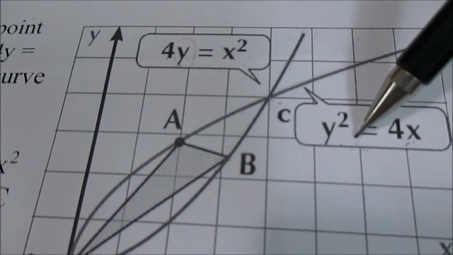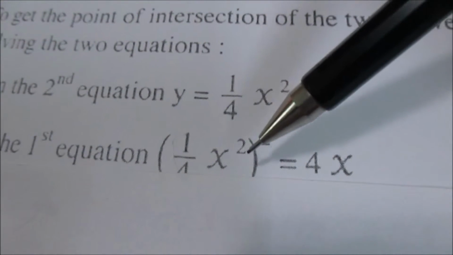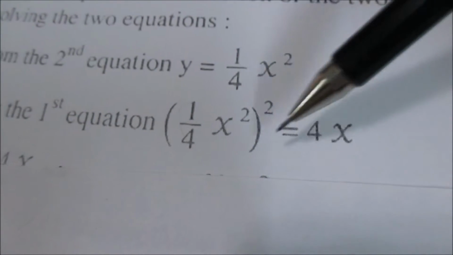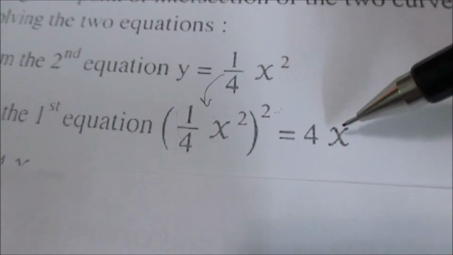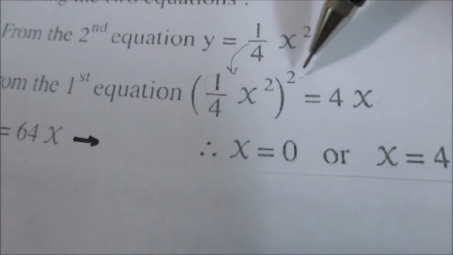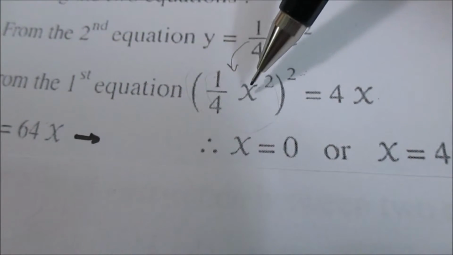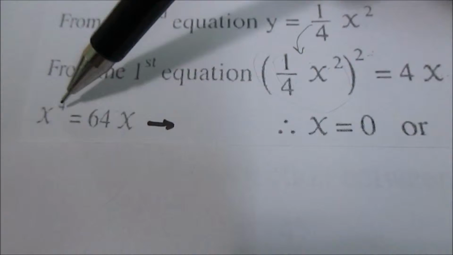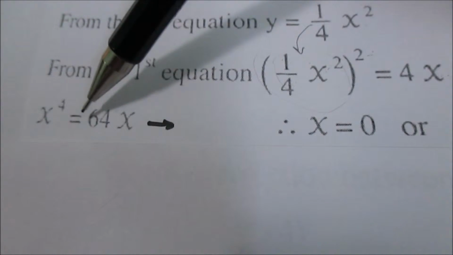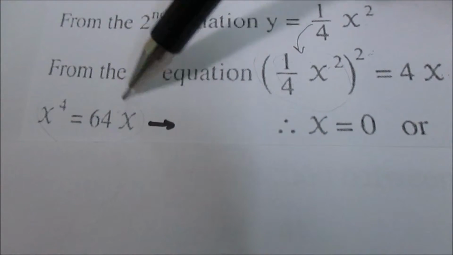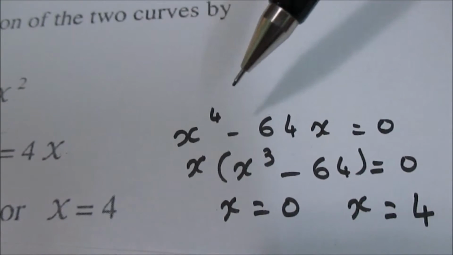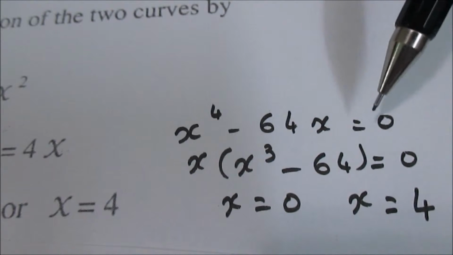in the second equation, y squared equal 4x. So, 1 over 4 x squared, all squared, equals 4x, and 1 over 4 squared is 1 over 16, so 1 over 16 x power 4 equal 4x. Simplify, so x power 4 equal 64x. To solve this equation, move the 64x to the other side, so x power 4 minus 64x equal 0.